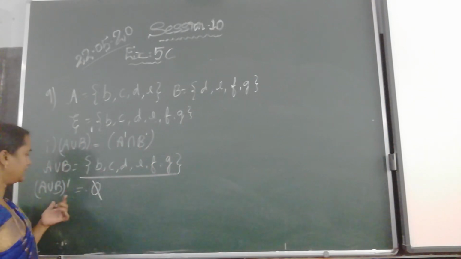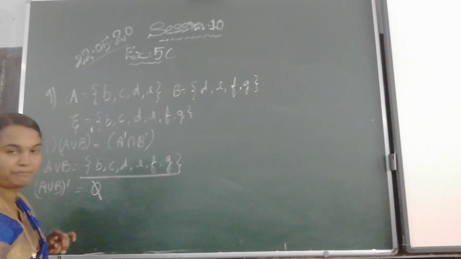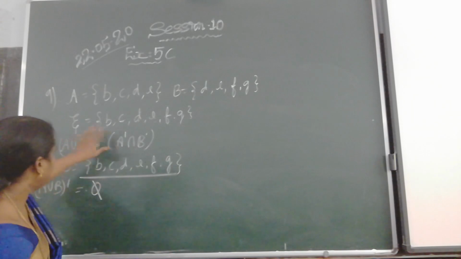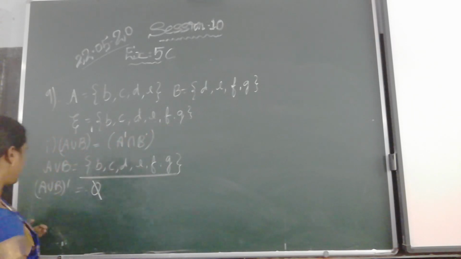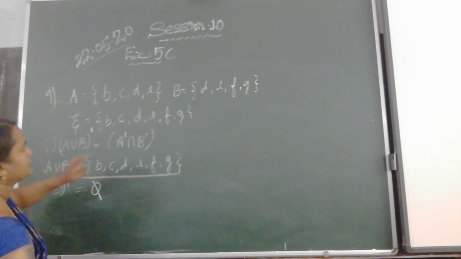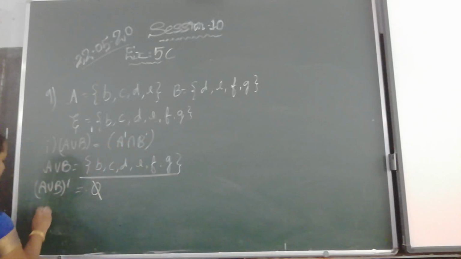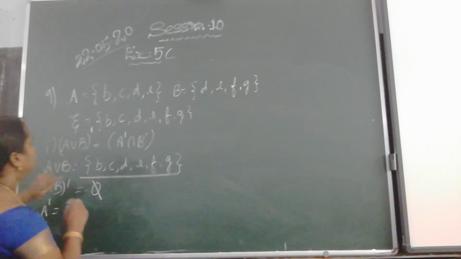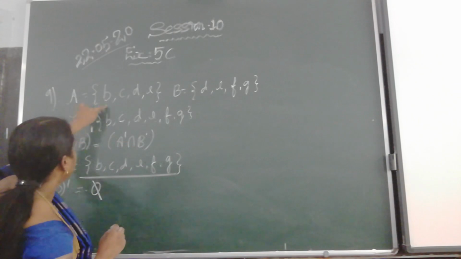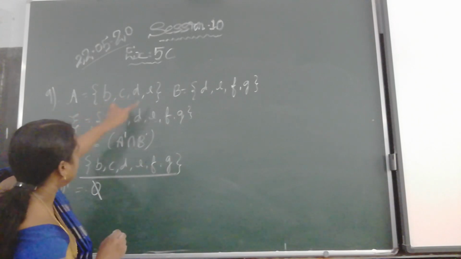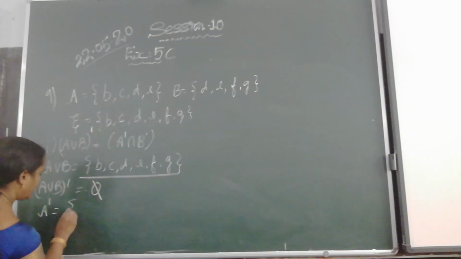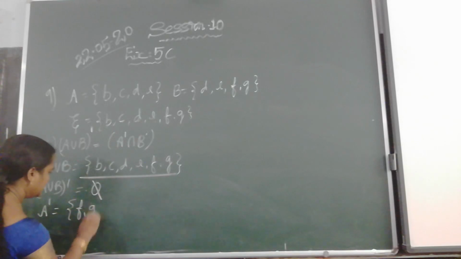We are getting A union B complement as empty, all the elements are there, nothing left, that's why we get the empty set. Now next, first we have to find A complement. Comparing A and universal, B, C, D, E; the left part is only F and G.